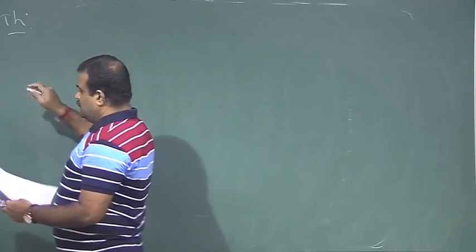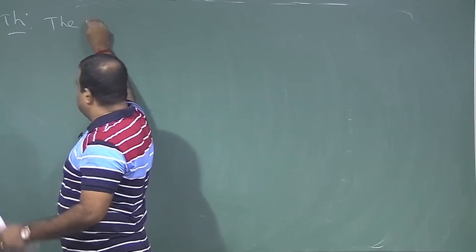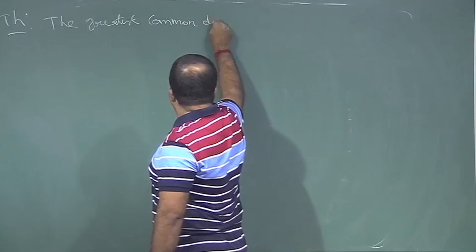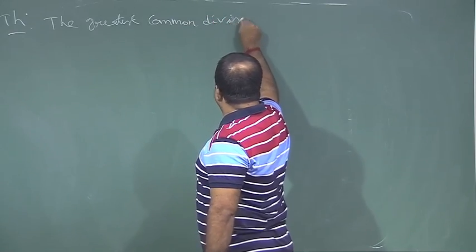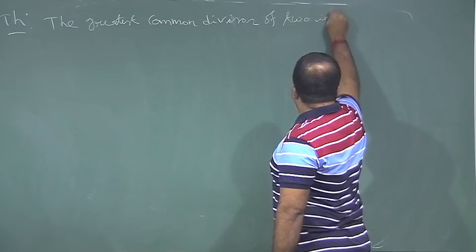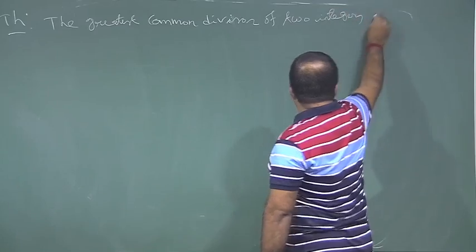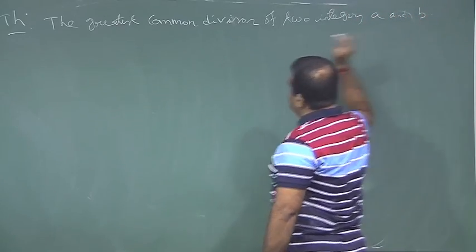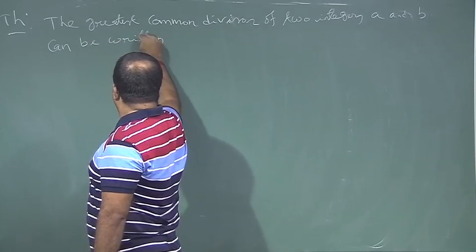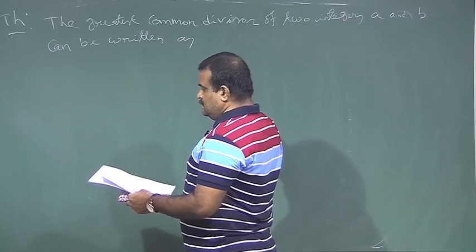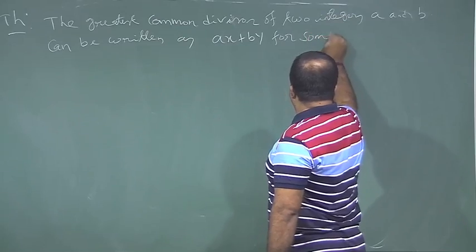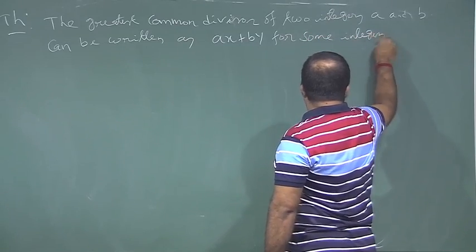The theorem says the greatest common divisor, or the GCD, of two integers a and b can be written as ax plus by for some integers x and y.